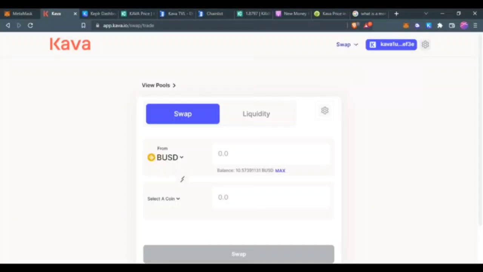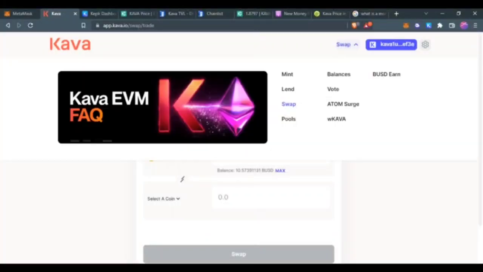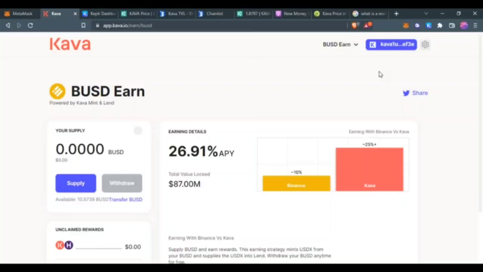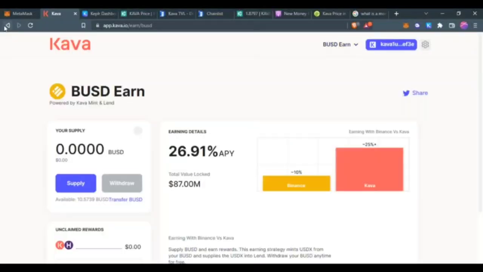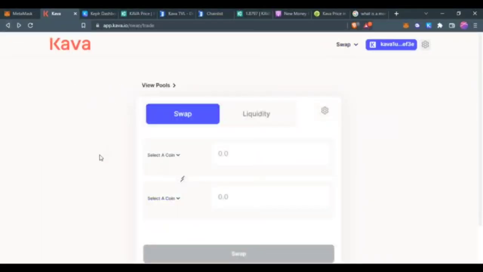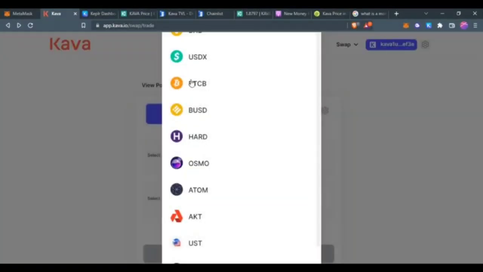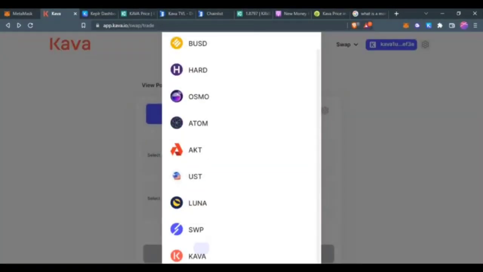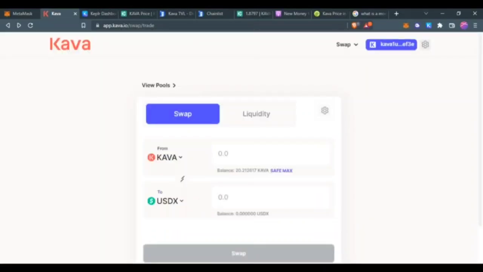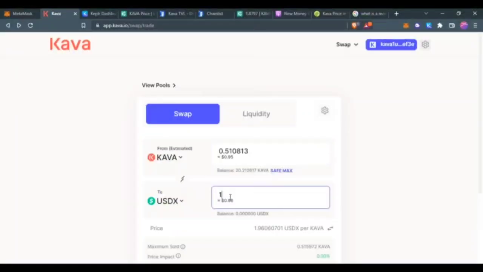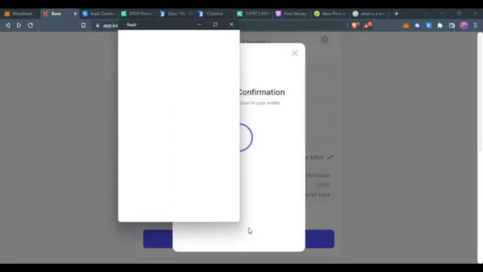Right now, what we're going to go to is BUSD earn. You need a minimum of 11. Right under the minimum. Let's go right back over here. Not a problem. Let's actually get Kava once again to USDX. Let's do another dollar in USDX.